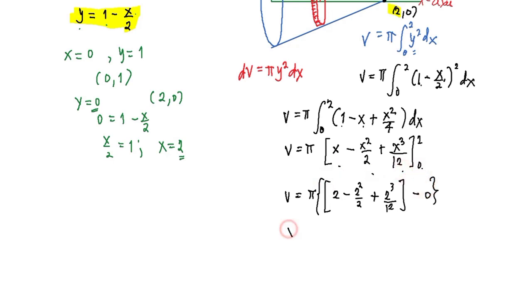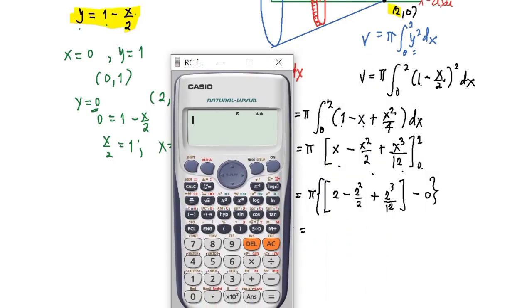Okay, so computing for this, we have here 2 minus 2 squared over 2 plus 2 raised to 3 over 12. Pwede nyo rin gamitin dito yung calc function, no? Na type nyo lang yung equation and then calc for the value.